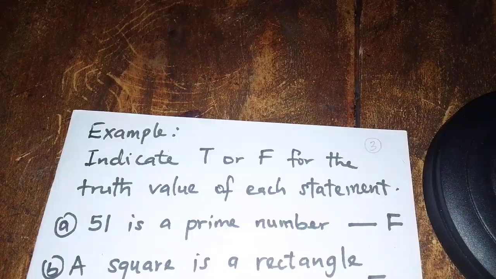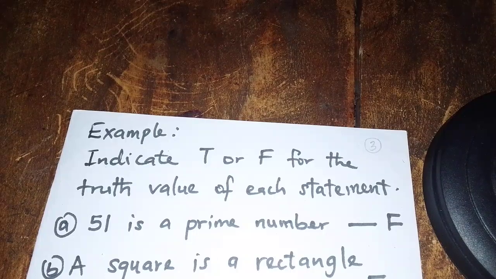So that means that statement is false, because the definition of a prime number states that it can only be divided by 1 and itself. 51 can be divided by 1, it can be divided by 3, it can be divided by 17. So that tells you that it is not a prime number.